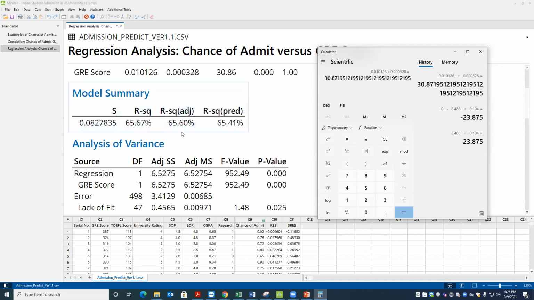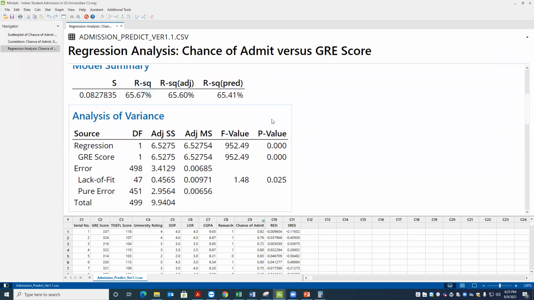R square means, I'm going to say R square, this is called the coefficient of determination, also the regression coefficient of determination. So 65.67, how do we interpret this?